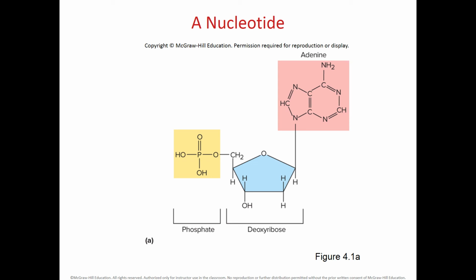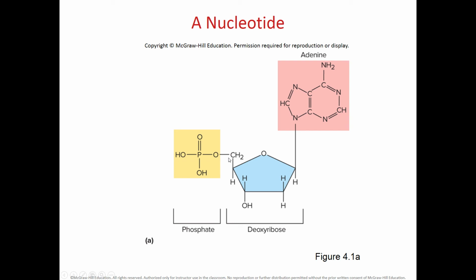So this is the figure showing you the nucleotide. This is adenine, a purine, so it has a double ring nitrogenous base, which is this, and this base is attached to one end of this deoxyribose sugar. In here, this ribose sugar doesn't have an oxygen in this part, so that's why it's called deoxyribose.